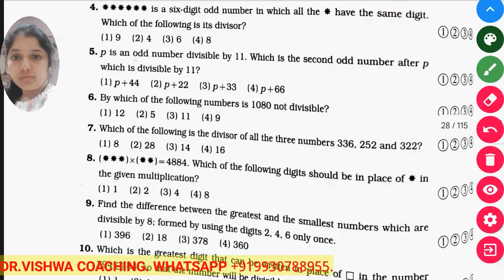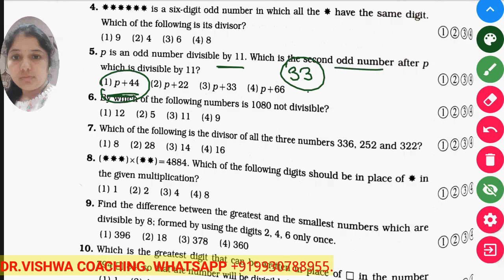Okay, now P is an odd number which is divisible by 11. What is the second odd number after P which is divisible by 11? Now see, if any number is divisible by 11 and it is an odd number, I will explain how the answer comes. It is P plus 44. Consider 33 as the odd number divisible by 11.